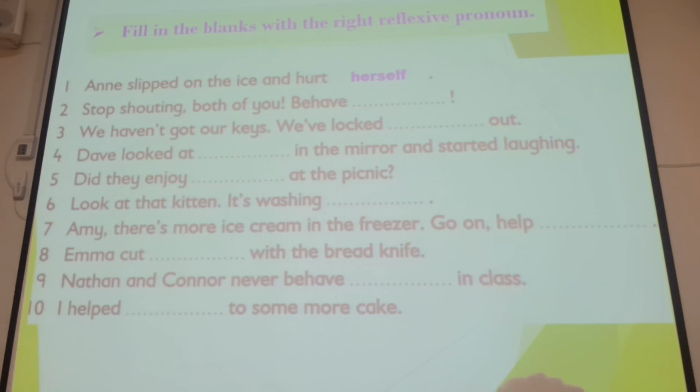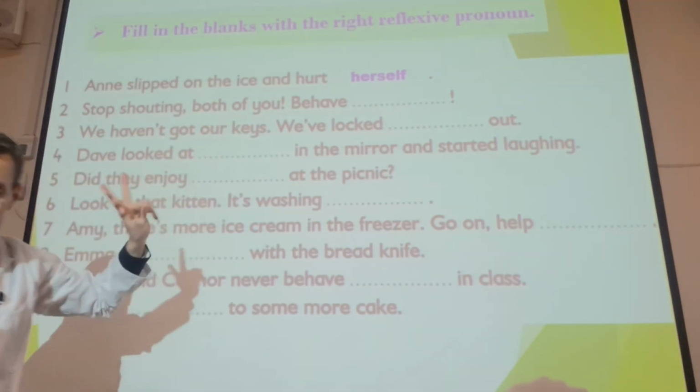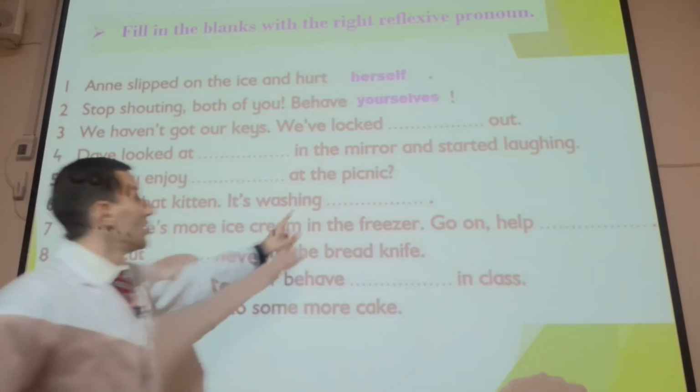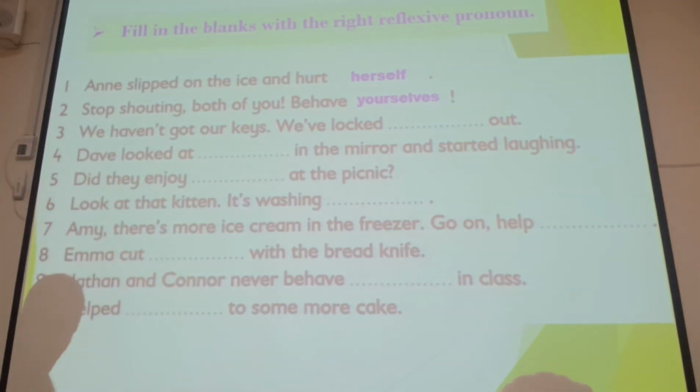The next one, number two. Stop shouting. You are talking to someone. Stop shouting, both of you. So here we have two people. Someone is talking to two people. Behave yourselves, which comes in a plural form. Good.